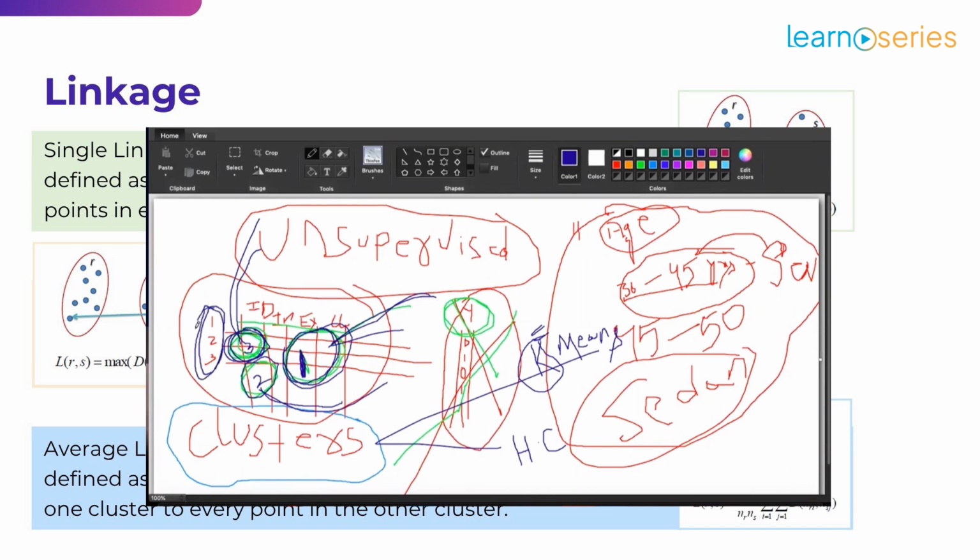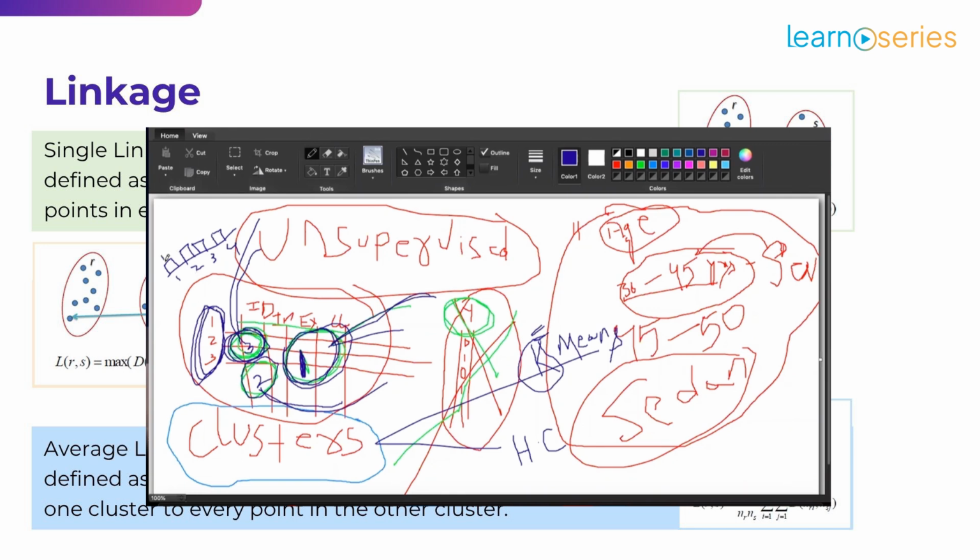It assumes that all these are individual clusters at the base, that is 1, 2, 3, 4. These are the records of different customers. We assume that all individual customers are different clusters.